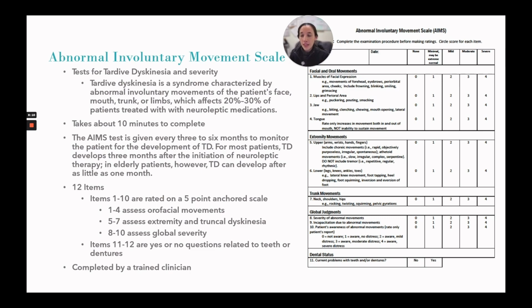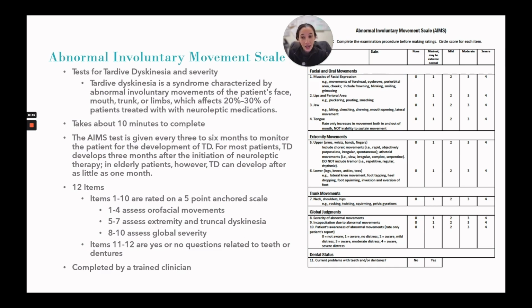The Abnormal Involuntary Movement Scale tests for tardive dyskinesia and its severity. This is a syndrome characterized by abnormal involuntary movements of the patient's face, mouth, trunk, or limbs, which affects 20 to 30% of patients treated with neuroleptic medications. And we'll have some examples of this in the following slides.